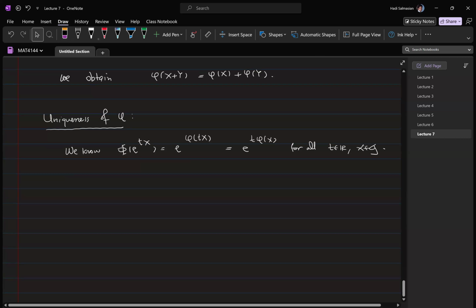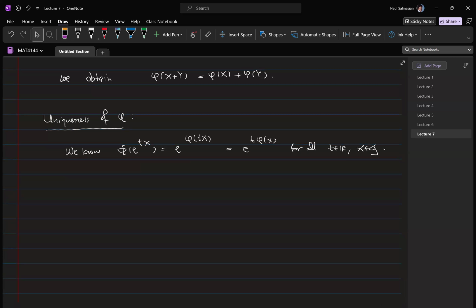Am I right? Well, I mean, I proved this linearity for this particular phi. Maybe I should be a little bit more careful. Okay, suppose that we have linearity.